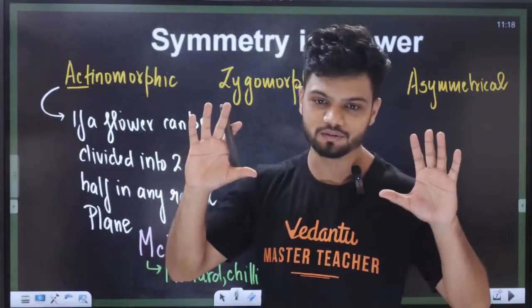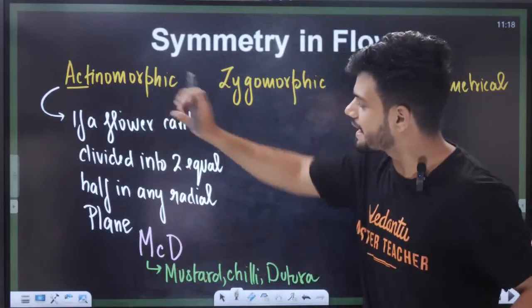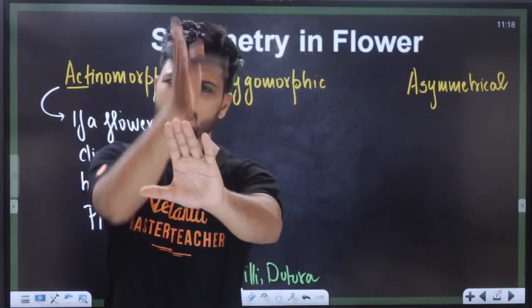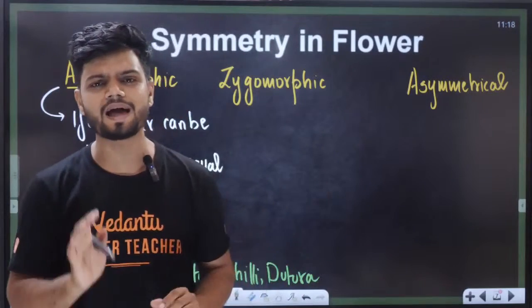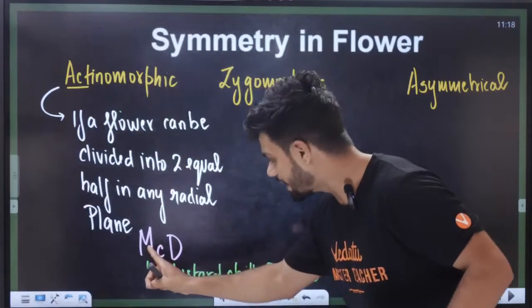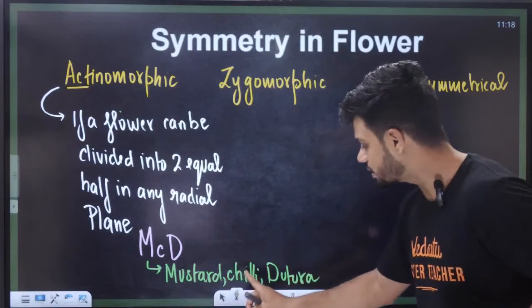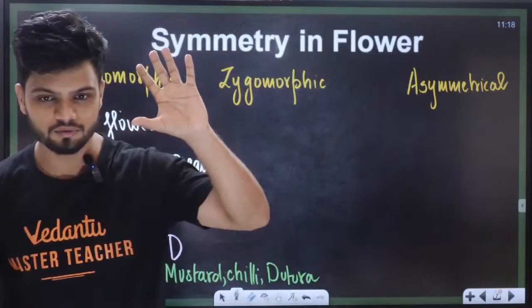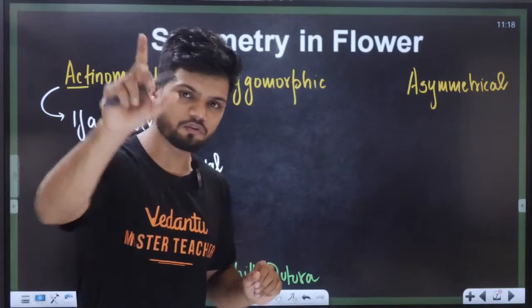Yes or no? So what is actinomorphic? You take a flower and divide it into two equal halves in any plane. The trick is MCD: mustard, chili, datura are the examples for actinomorphic. Done? Will you all remember it?